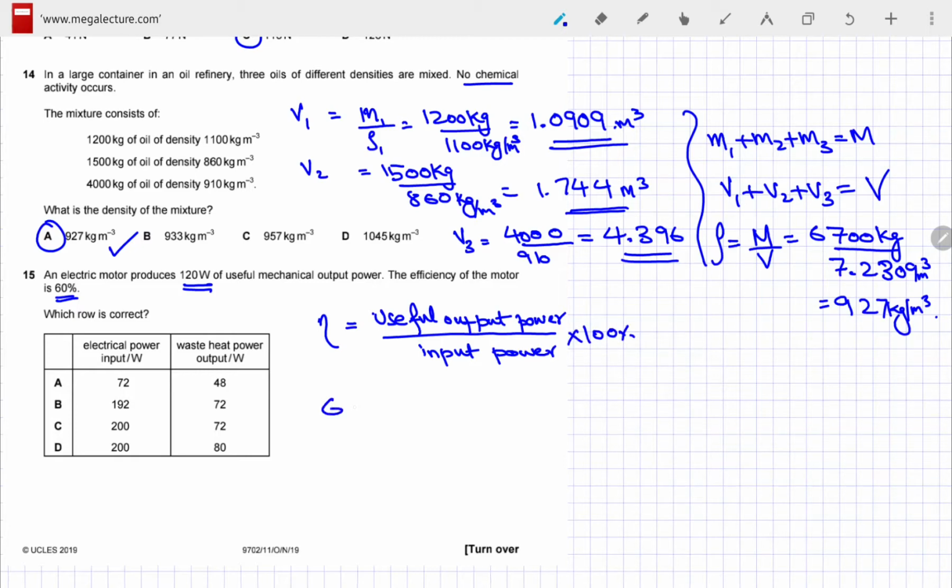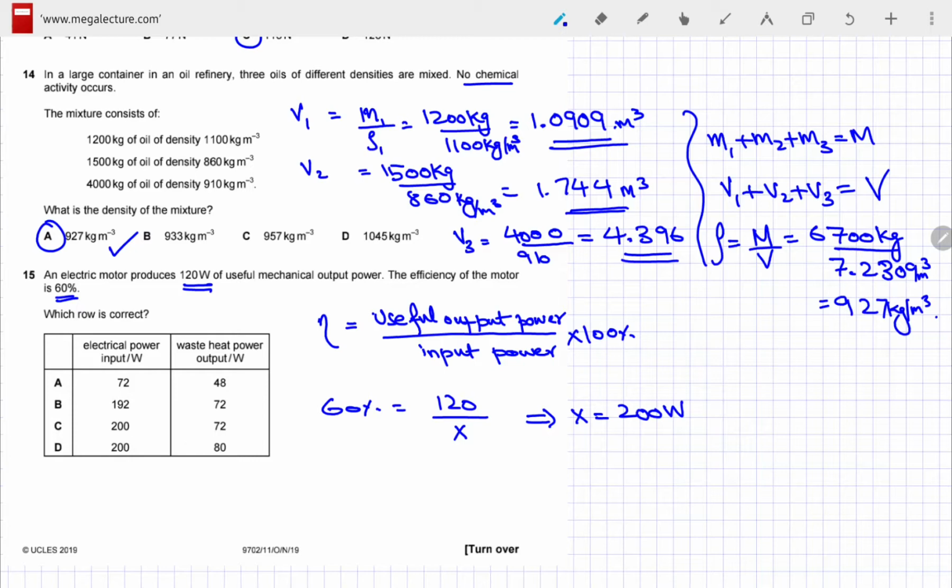So we have the efficiency, which is 60%. The useful output power is 120, and the input power is what we want to compute, as the electrical power. So we put X, and the value of X, from this equation, turns out to be 200 watts.